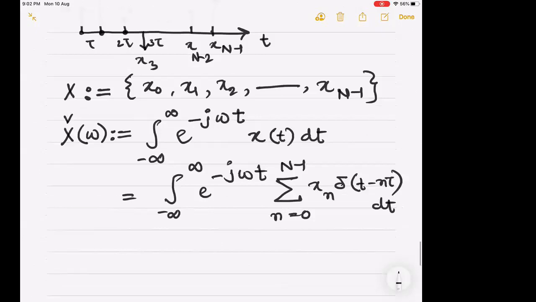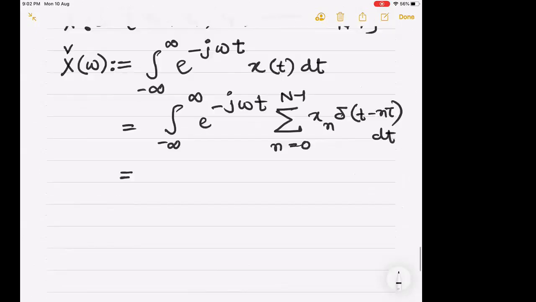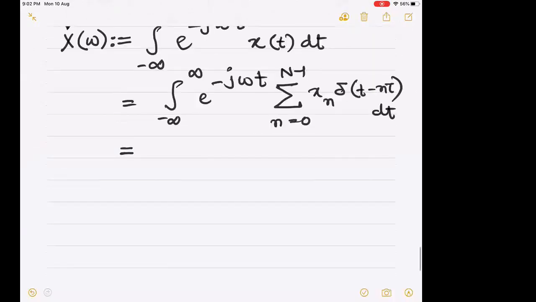Then, if I carry out this integral by the formula of integration with Dirac delta impulses, what we finally get is the summation, n going from 0 to N minus 1, of xn e to the power minus j omega n tau.